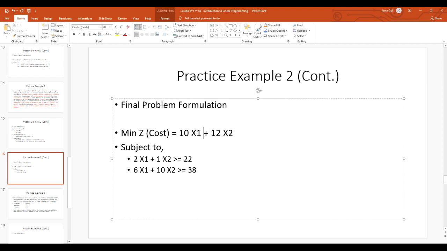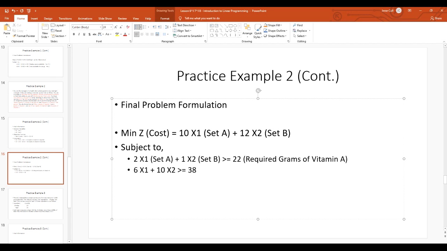X1 represents set A. X2 represents set B. One more time, X1 is set A. X2 is set B. And 22 is our required grams of vitamin A. One more time.